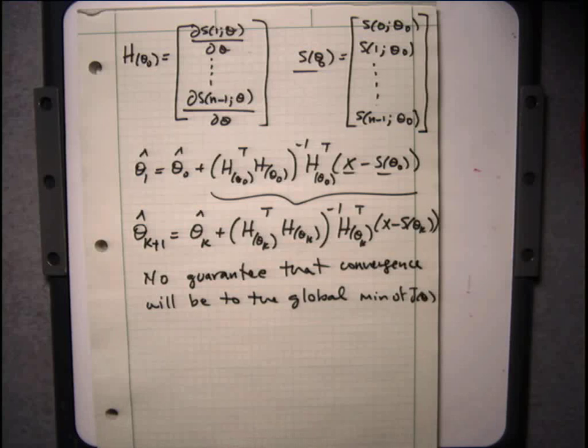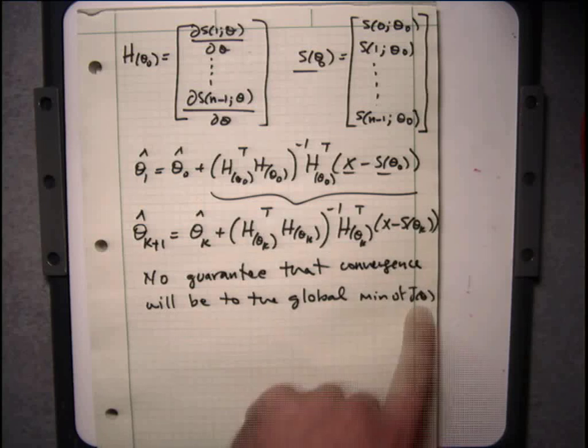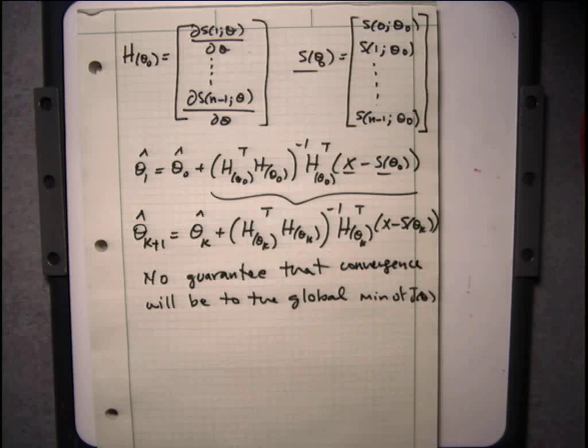There are various tricks that have been invented to deal with this. One of them is you basically start this iteration with a whole bunch of random choices of theta, and then let them converge, and you pick the one that gives you the smallest J of theta at the end. Another way is that you might have an idea of what the theta is from some other procedure.